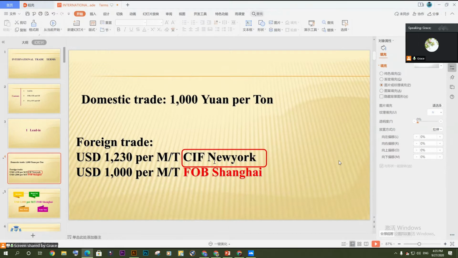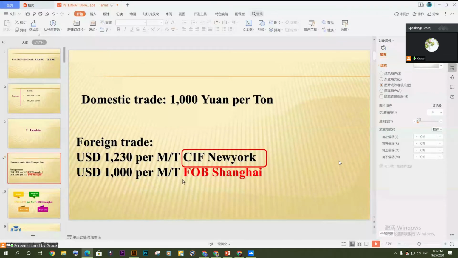Following these trade terms, there will be a name of a city, a name of a place. So maybe we can change CIF to FOB, and there will be a difference in the amount. If that is CIF New York, our quotation is US dollars 1,230.